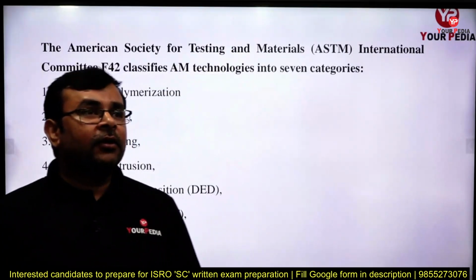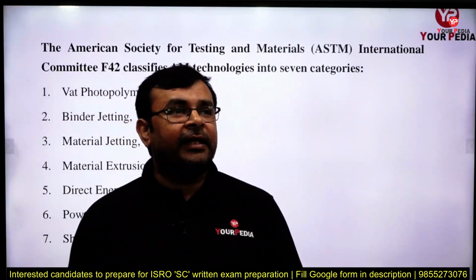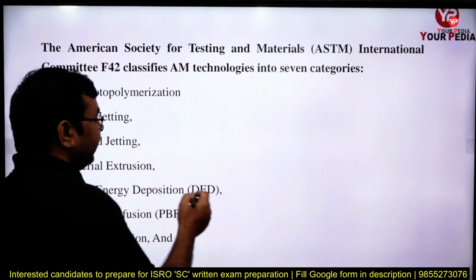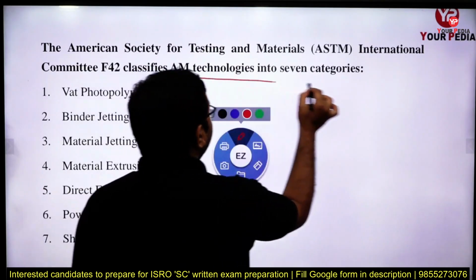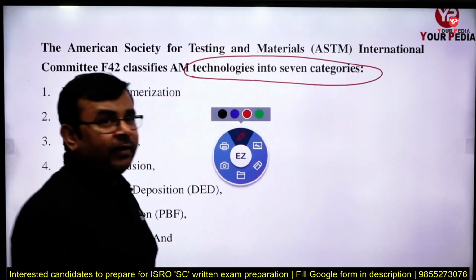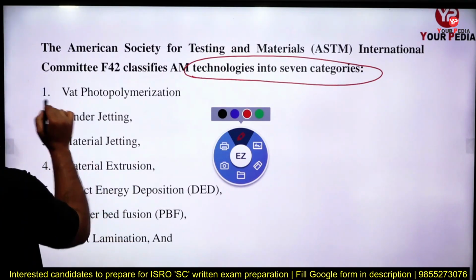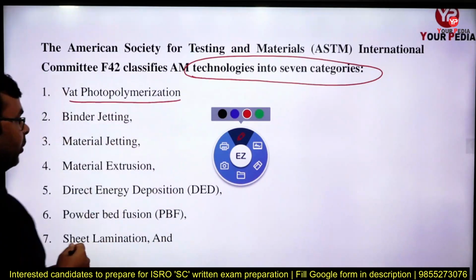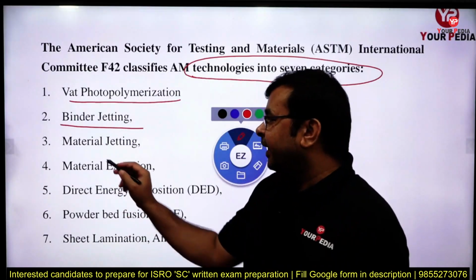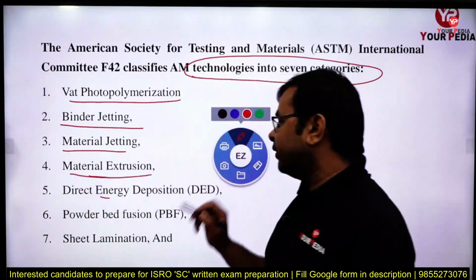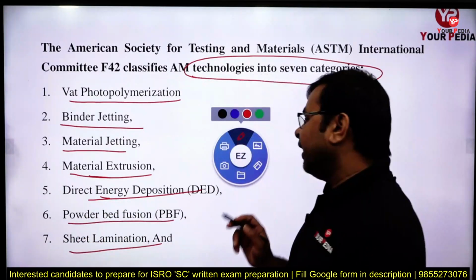and according to the American Society for Testing and Materials International Committee F42, additive manufacturing technologies are classified into 7 categories, correct. According to ASTM, we have 7 categories of additive manufacturing process, and out of them the first one is vat photopolymerization, next binder jetting, next material jetting, then material extrusion, directed energy deposition, powder bed fusion and sheet lamination.